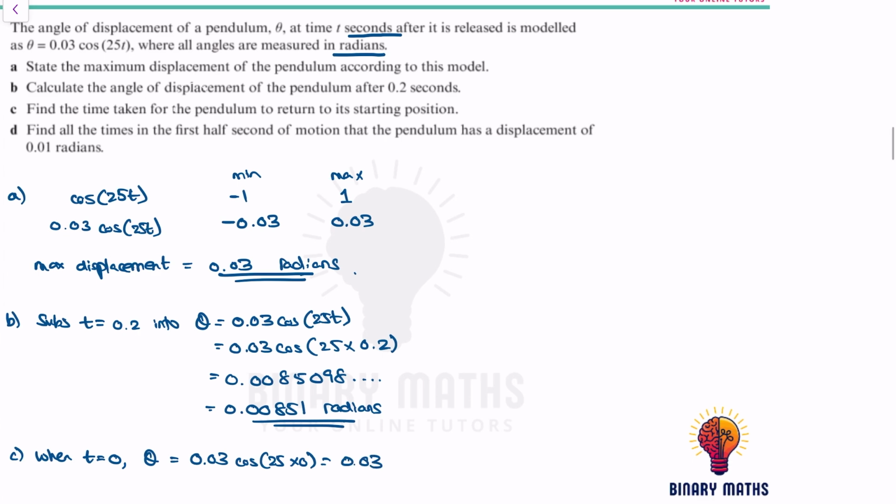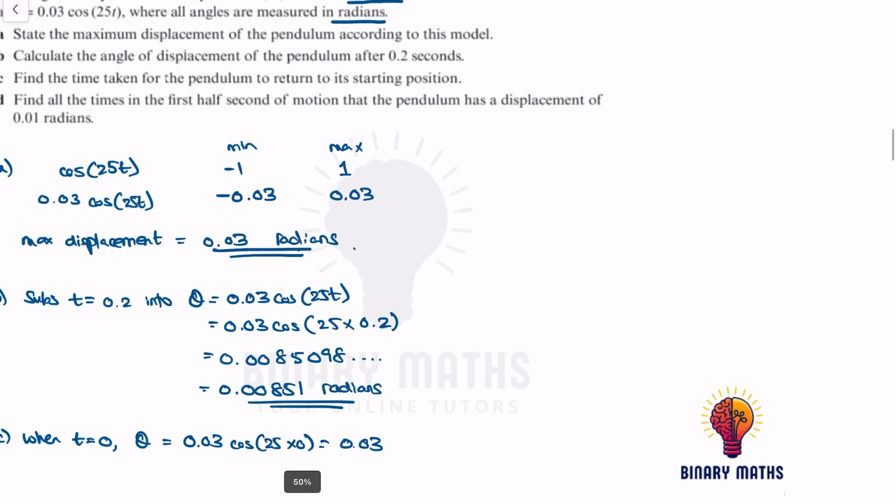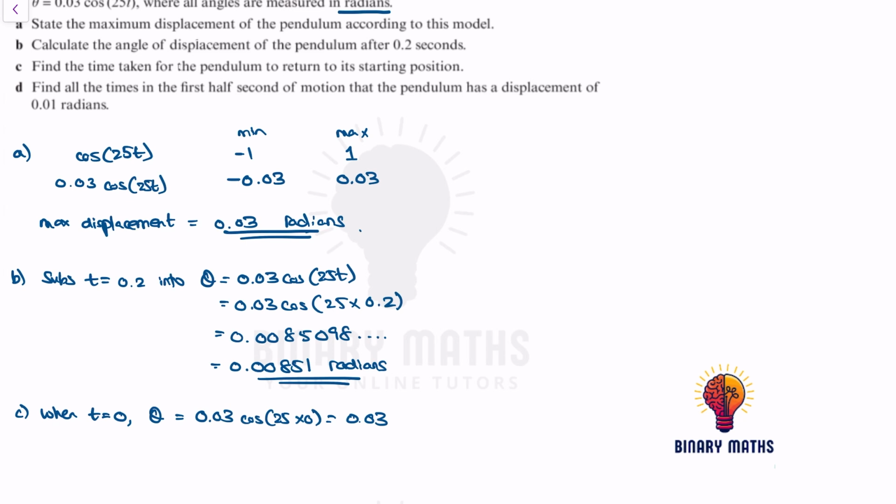So we need to find the next time we get a theta value of 0.03. So we need to equate 0.03 cos of 25t to 0.03. If we divide by 0.03, we get cos of 25t is equal to 1.